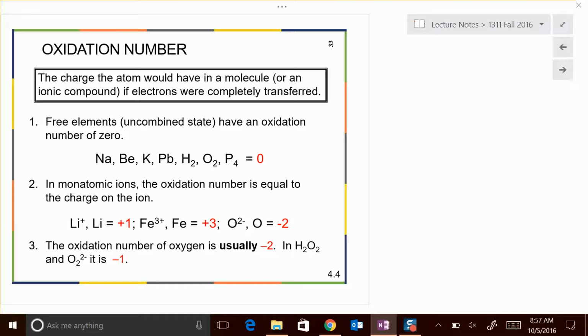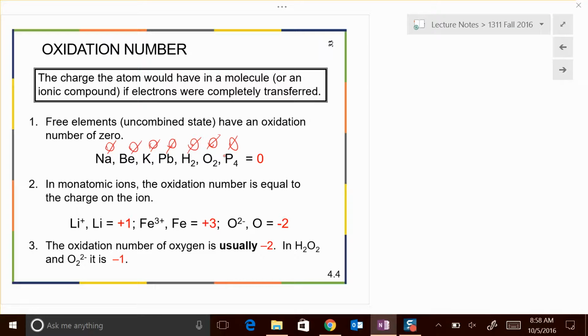Do you see how these are all in their elemental state? Okay? These are diatomic, but that's okay. That makes them 0. Okay? That's how they exist in nature. How I find these elements in nature, that means they're at a 0 oxidation state. Okay? They are at 0.